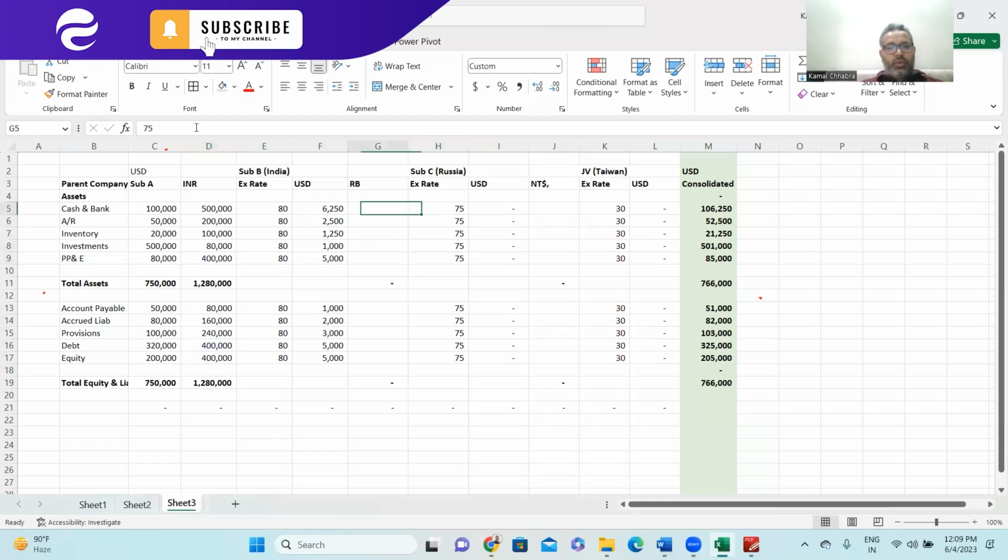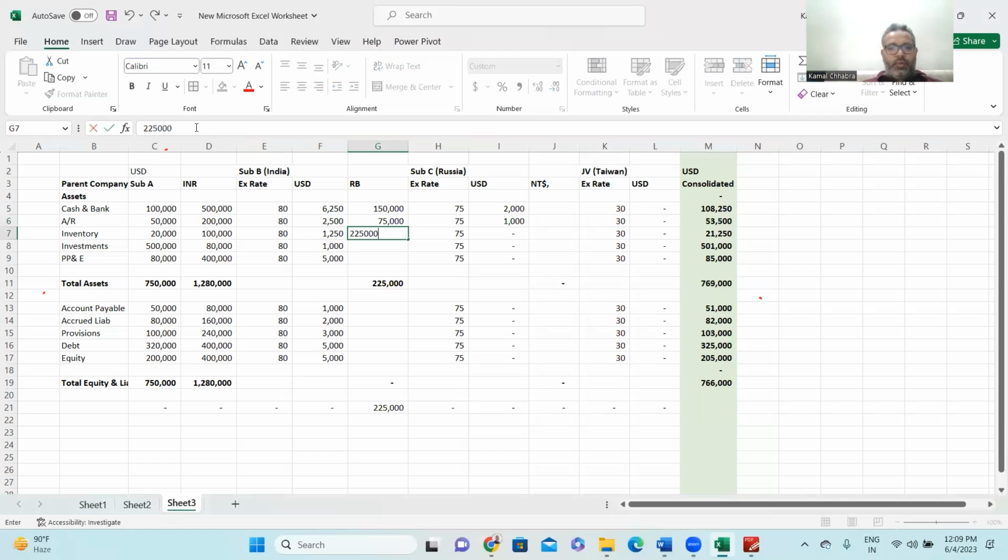Now coming to Russia. Russia, let's assume you have 150,000 in cash. You have 75,000 in AR. You have, let's say, here, and let's assume again 300,000 here, and then let's say 450,000 here.